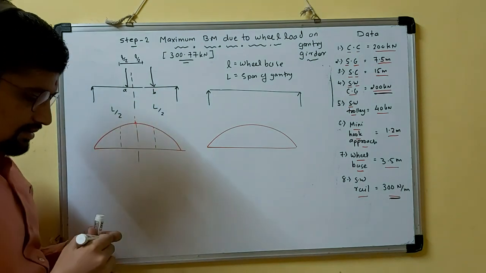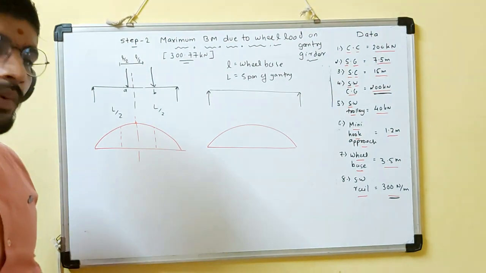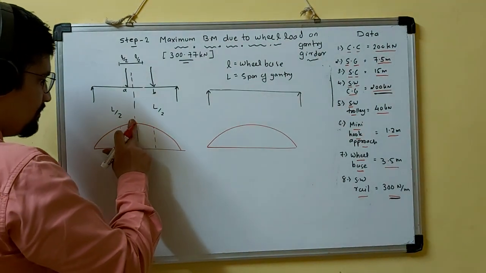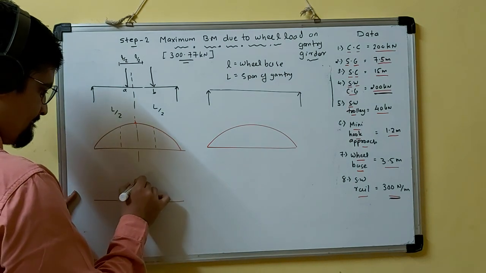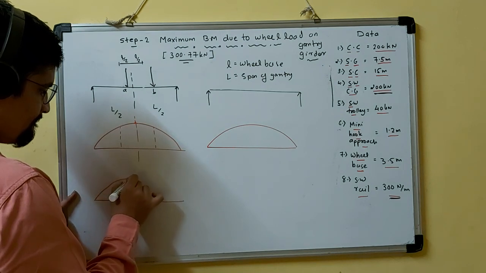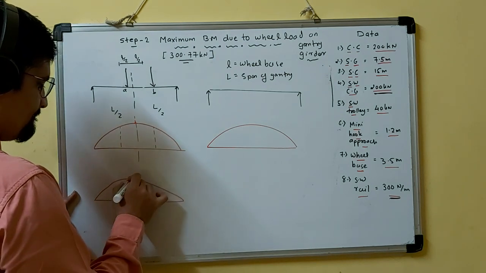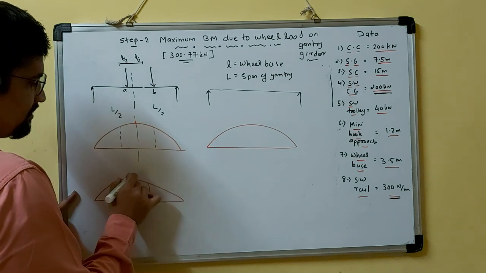Now, will it change the bending moment diagram or not? It will. Now the bending moment will be like this. See, this is the center. This is your A point and this is your B point. Which is the maximum?